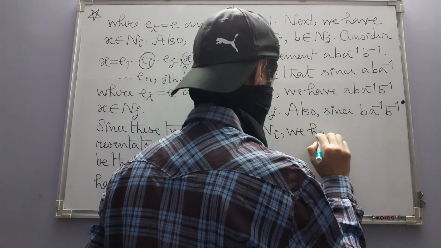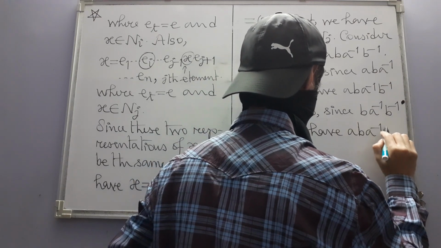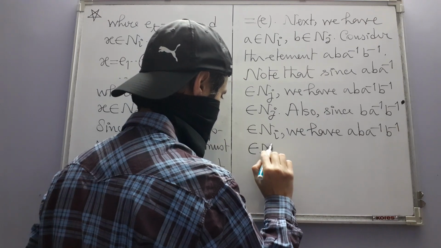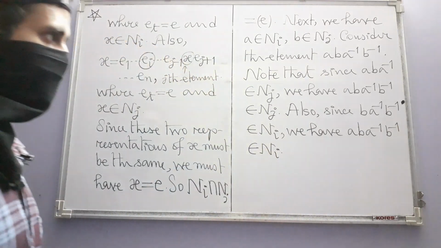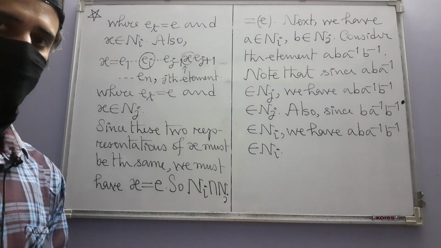We have AB, A inverse B inverse belongs to Ni. So this commutator has to belong to both Ni and Nj.